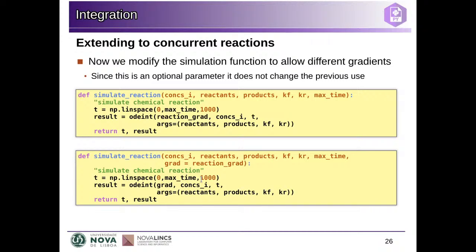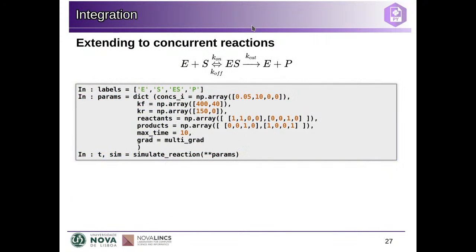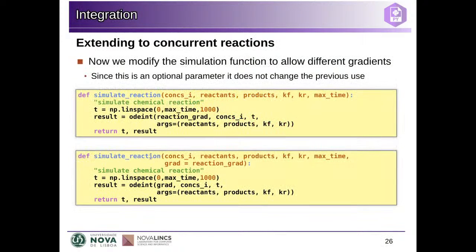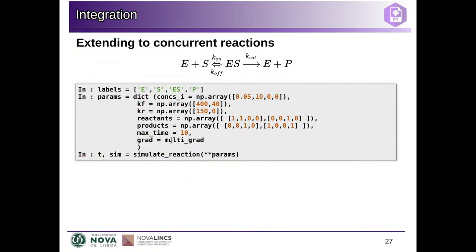This makes it easier to change things, experiment, and so on. And this time we are changing the derivatives function. We don't want to use the one by default, the one that just considers one single reaction. We want to use this one that considers multiple reactions.